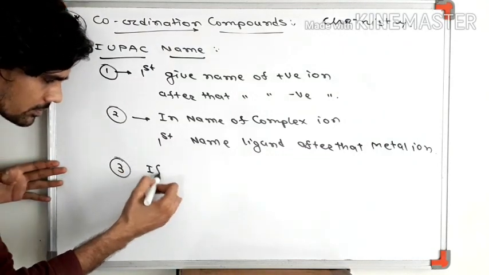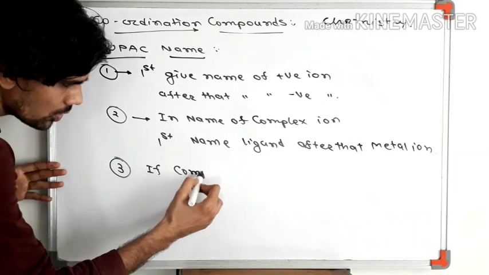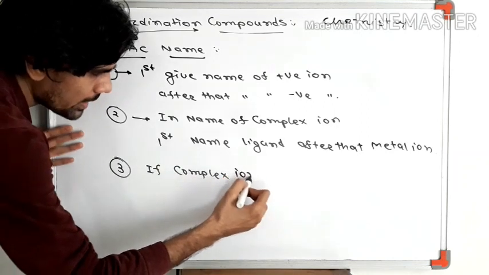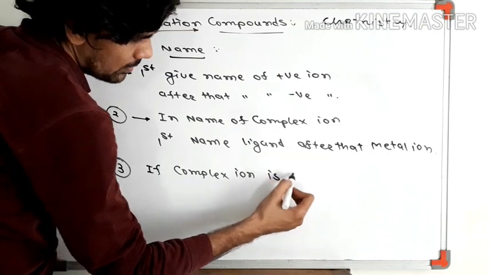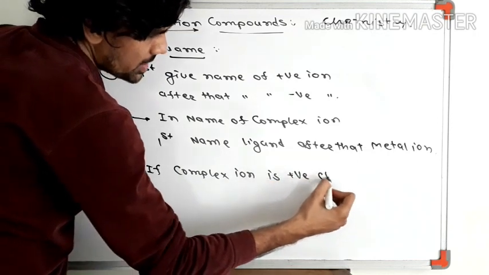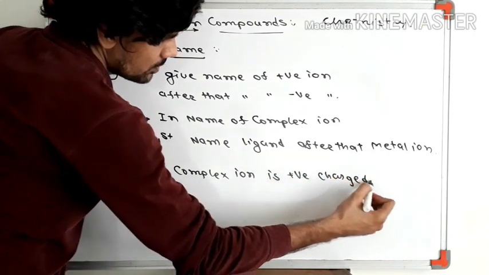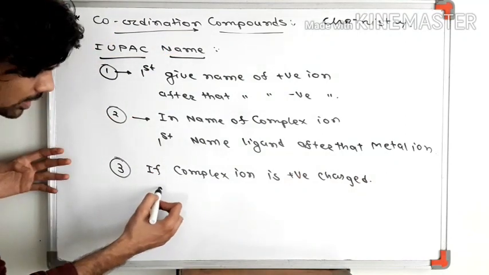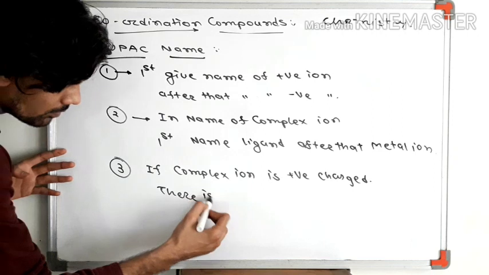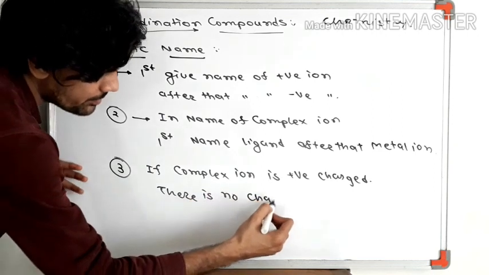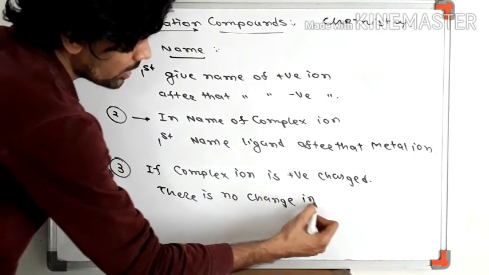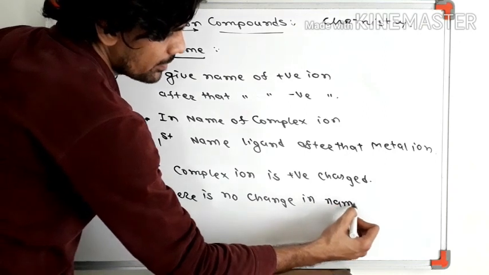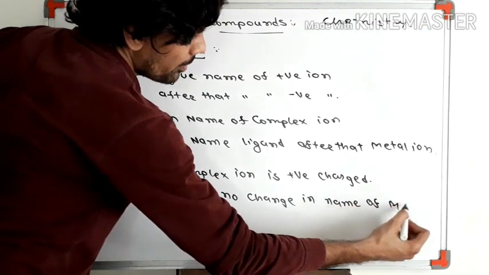If complex ion is positively charged, there is no change in name of metal ion.